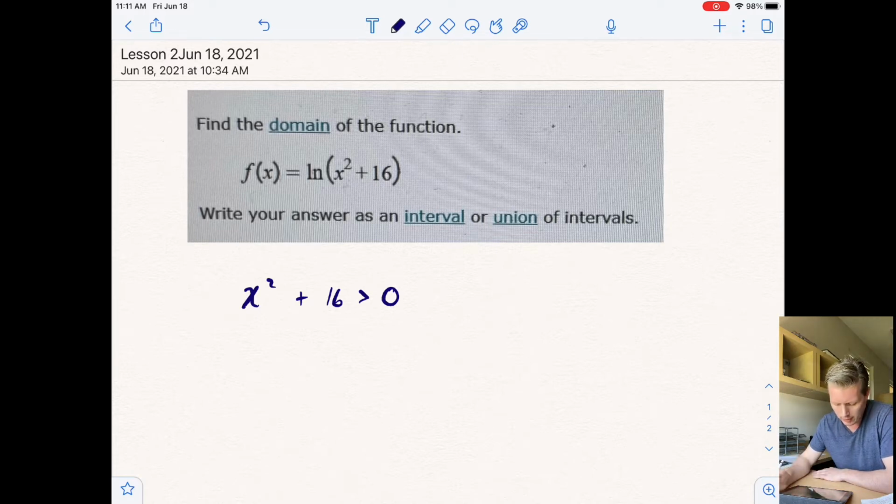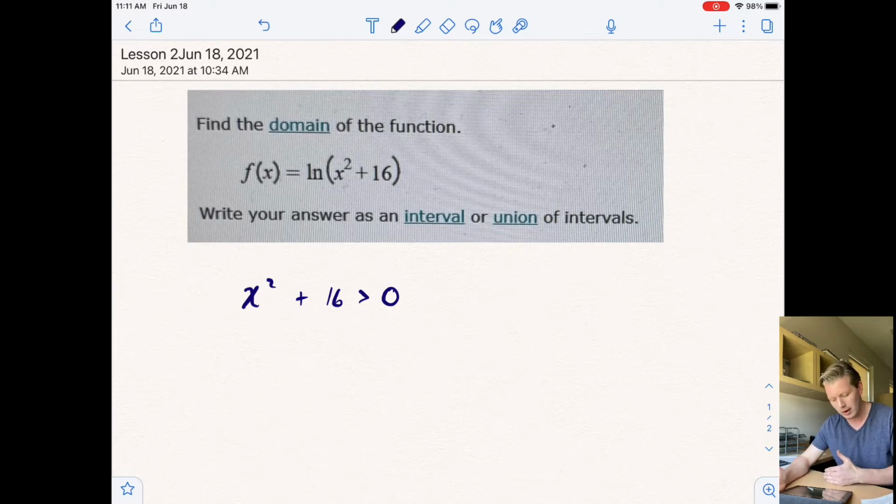Well, x squared is always positive for any value of x other than 0. If x is 0, then x squared is 0, but even then x squared plus 16 would be 0 plus 16, which is still positive. If x is 5, x squared is 25, and if x is negative 5, x squared is still 25.